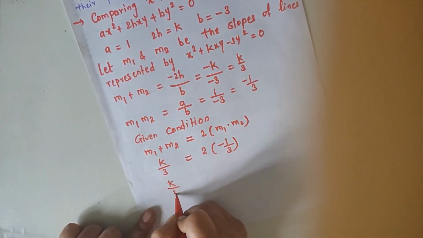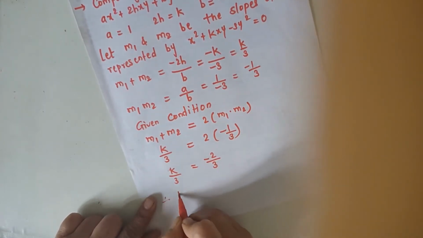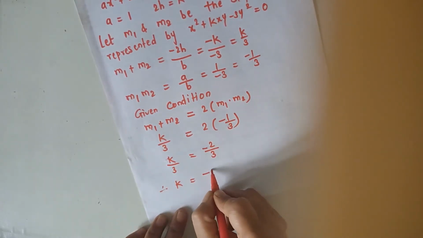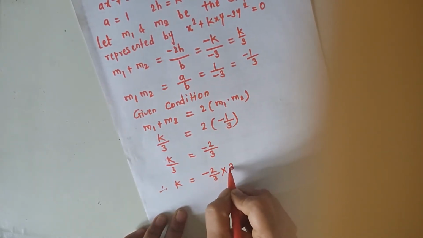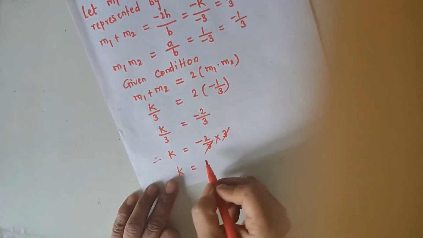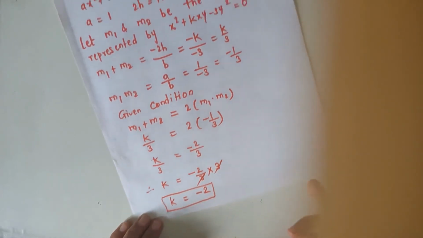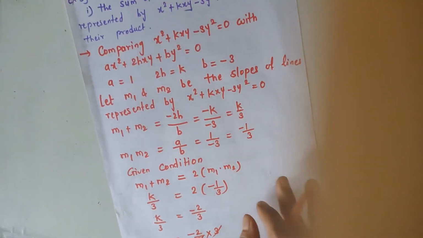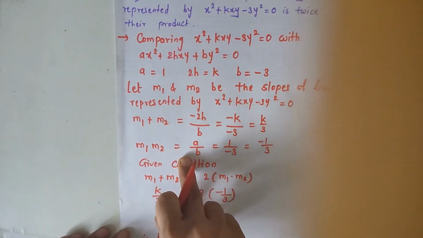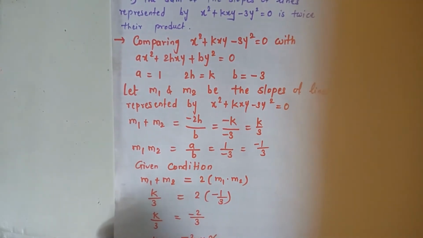Then k by 3 is equal to minus 2 by 3, and therefore k is equal to, by cross multiplying, 2 by 3 into 3, 3 will be cancelled and we get the value of k is equal to minus 2. So by given condition, we can find out the value of k using sum of slopes and product of slopes of lines represented by homogeneous equation of degree 2.